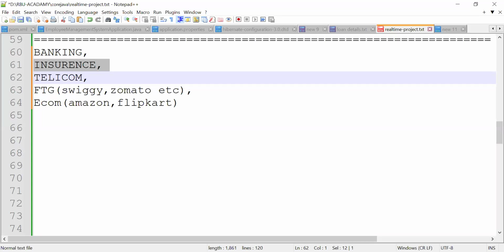Apart from that, they may have a business of supplying bulk numbers or bulk internet devices to companies also, like big companies if they want to deploy internet devices.